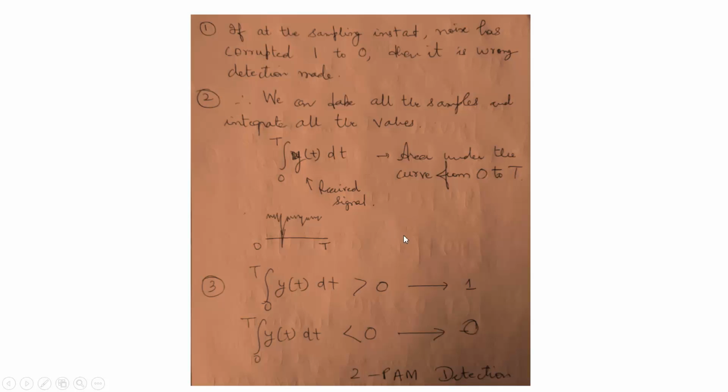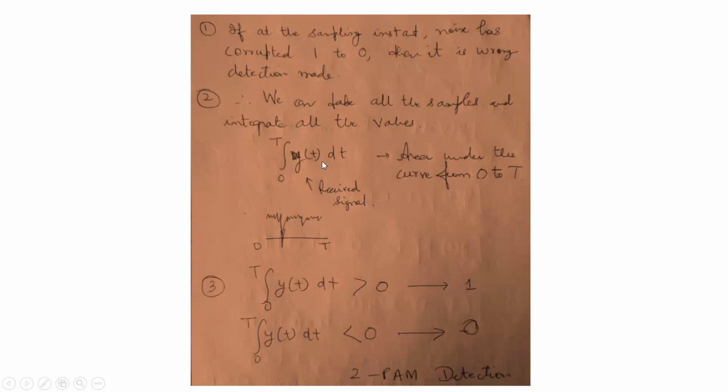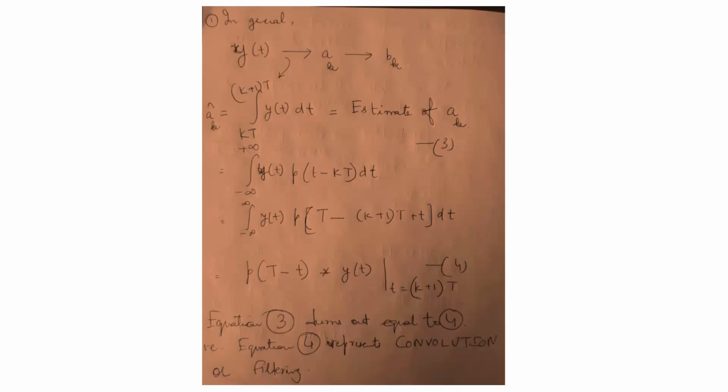If it is from 1 volt to 2 volts, it will be 01 and so on. Correct. So this is how the demodulation will be done. Taking the integral, taking the average, taking the area under the curve is known as demodulation of the PAM signal.